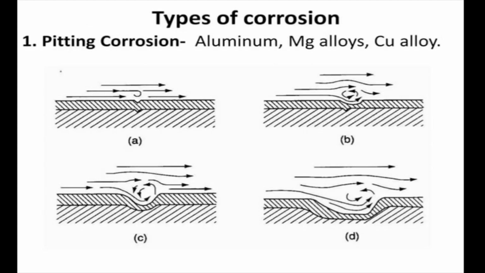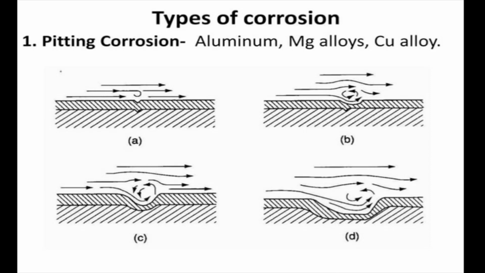Now, pitting corrosion. Aluminium, magnesium alloy and copper alloy are very common metallic materials for this type. In the four different figures, there is a layer at the top of the metallic material and there is a small pit.